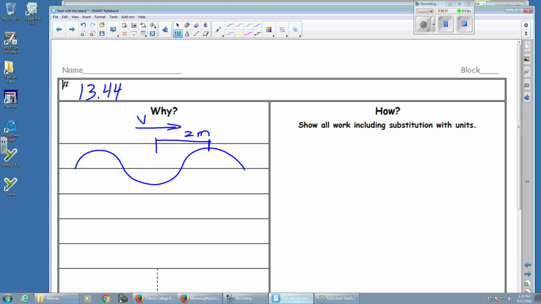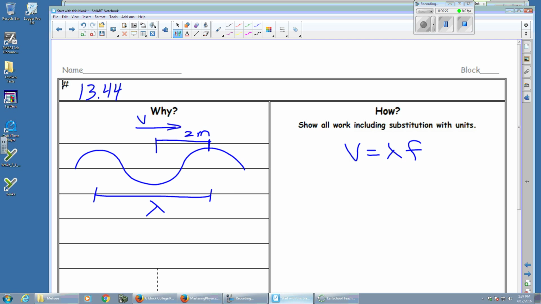Well, I know that from crest to crest, or from trough to trough, or equal point to equal point, is the wavelength. So in essence, what they've told me is, hey, half your wavelength is 2 meters. So then I'm just going to do v equals lambda f.